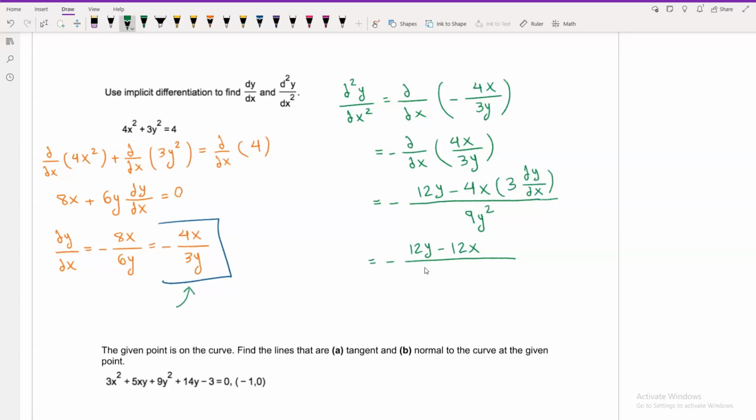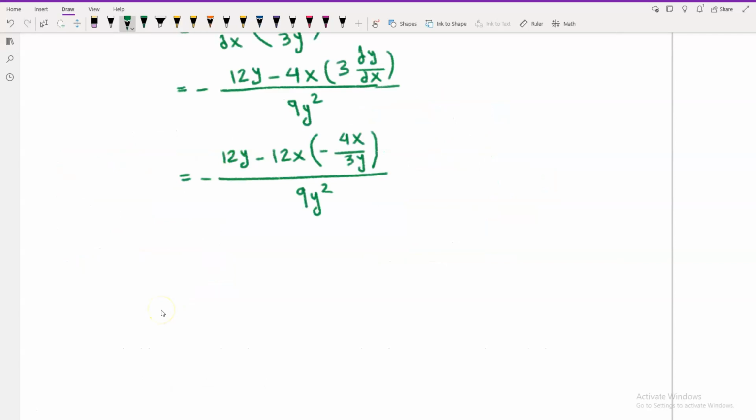It's negative 4x divided by 3y, divided by 9y squared, and that is equal to negative 12y plus 16x squared divided by y. So here what I did, 12 divided by 3, so here on top we have 4, and then negative 4 times negative 4 is positive 16. And denominator here we have 9y squared.